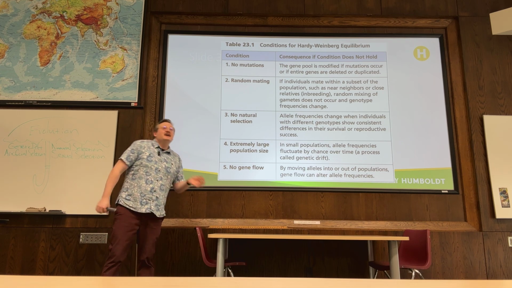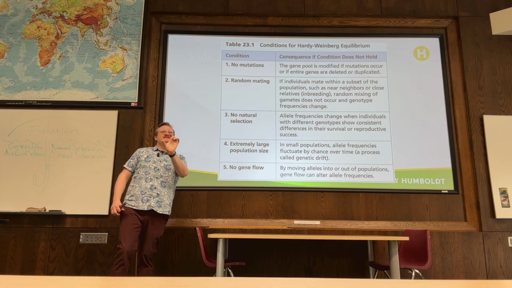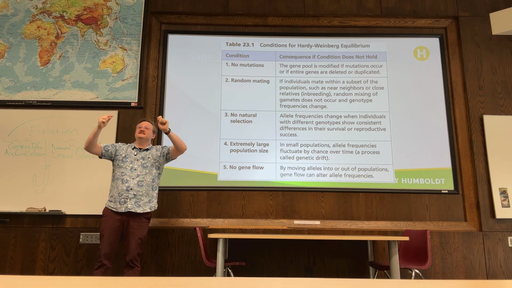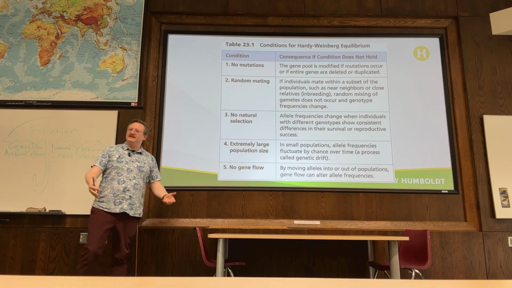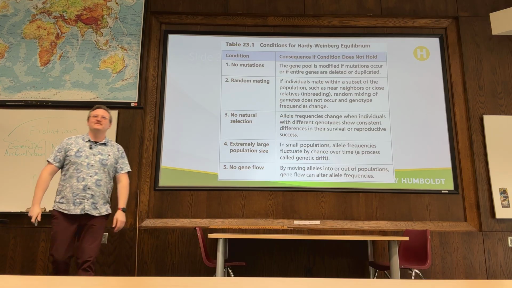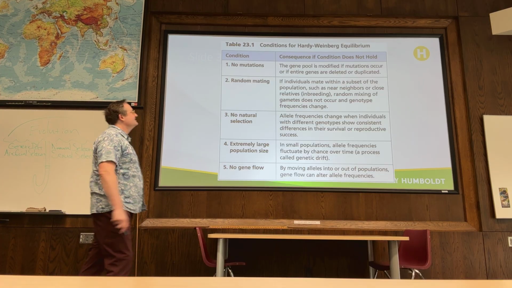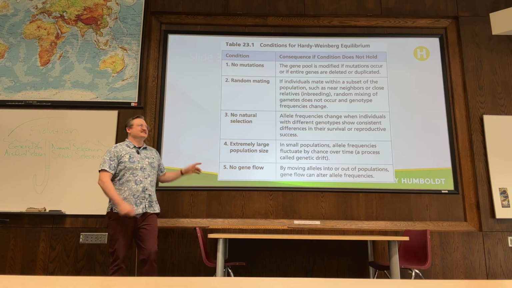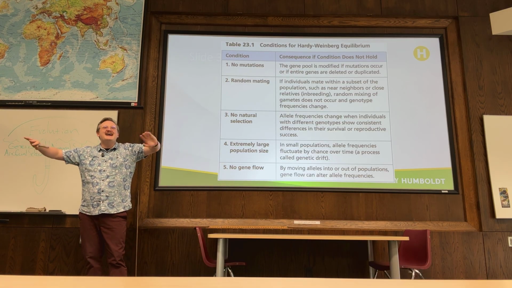It's not necessarily natural selection, because you're not becoming better suited to your environment, but you have a higher fitness because you're passing on more copies of your genes. You're making more offspring. Really, what this is saying is all of these have to be met for there to be no evolution.